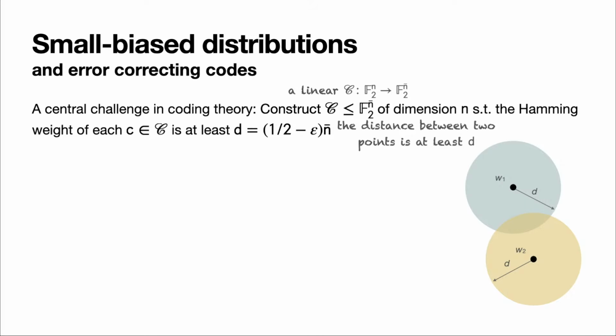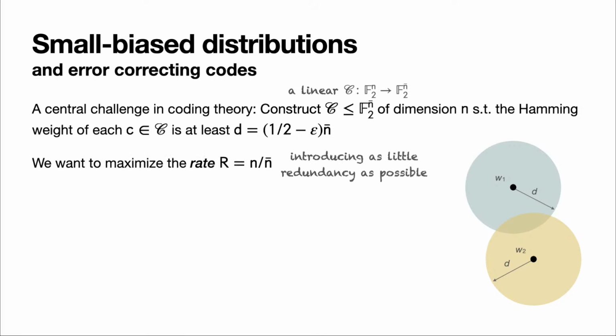And it's a simple exercise to show that since C is linear, it is the same thing as requiring that the distance between 2 points is at least d. So think about it. We want to construct explicitly subspaces that have many points, so with large dimension, but where every 2 points are almost as far away as possible from each other. So we want to maximize the rate, which is n over n bar, as a function of n and epsilon.